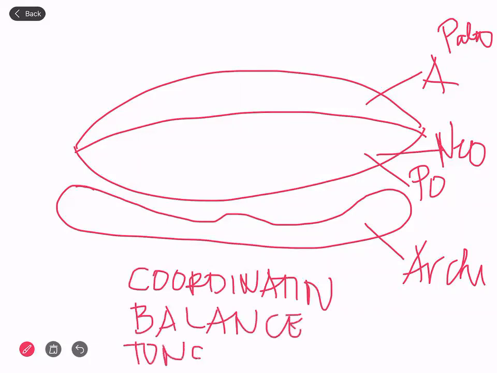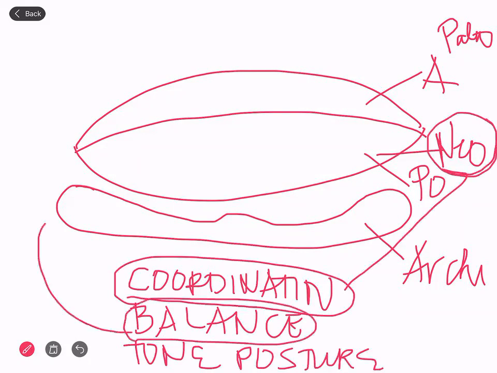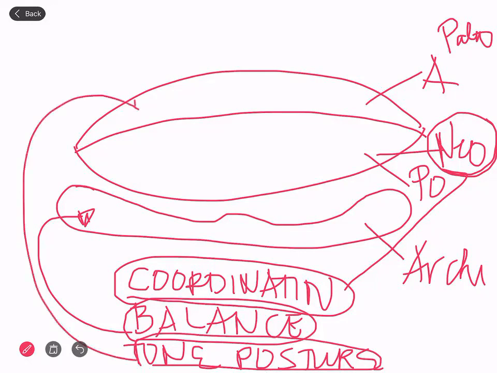We know that coordination is the function of the neocerebellum, the newest function. Balance is the function of the archicerebellum, and tone and posture is the function of the paleocerebellum.